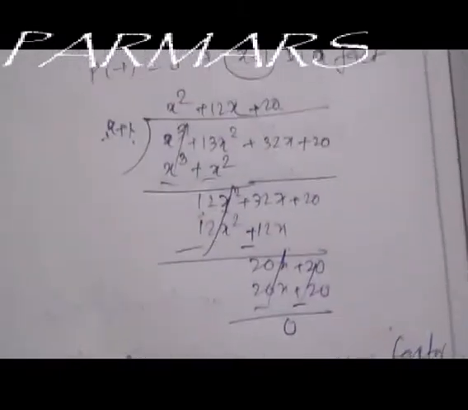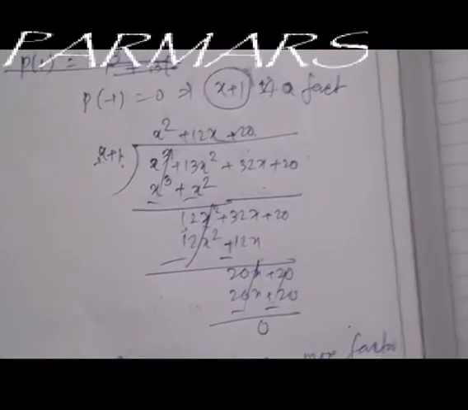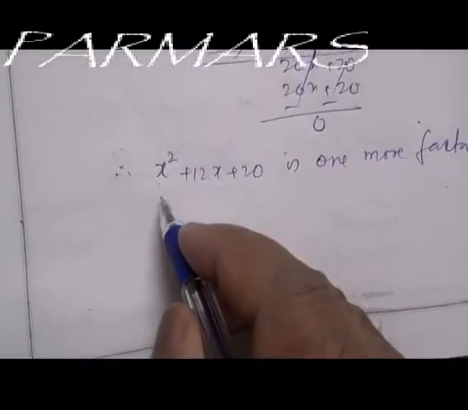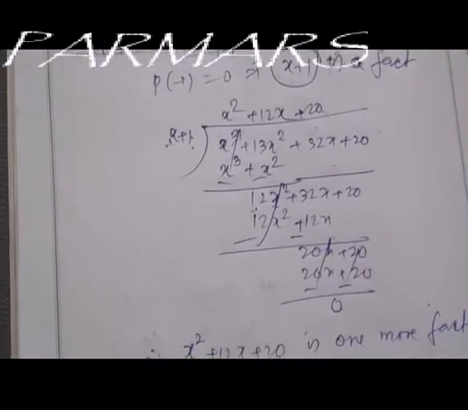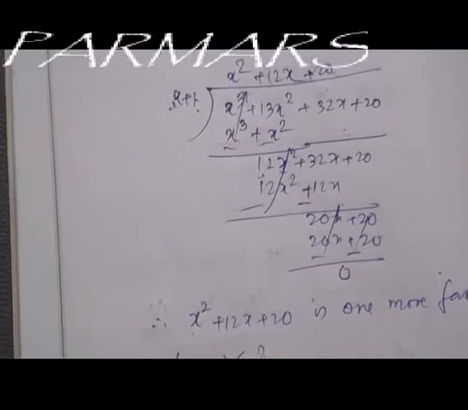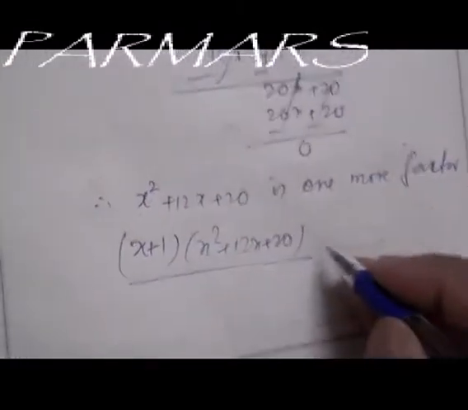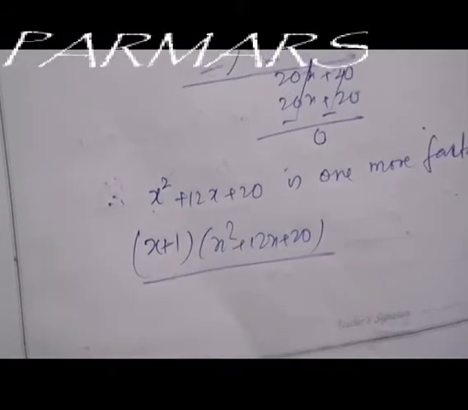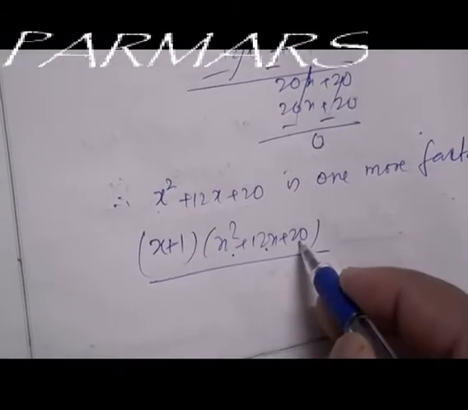Now, whenever the question asks to factorize, you have to factorize it explicitly. If someone writes down, sir, we have factorized that x plus 1 into x square plus 12x plus 20, so we have done, that is not true because x square plus 12x plus 20 can also be factorized. How?